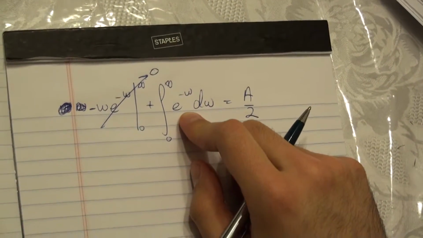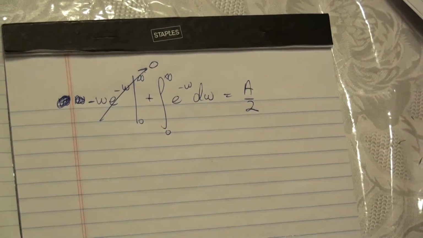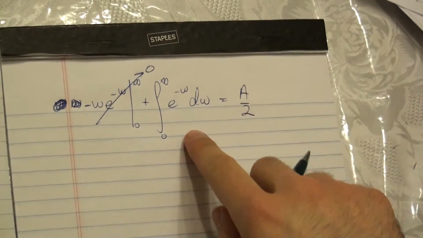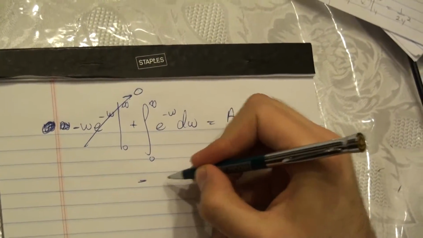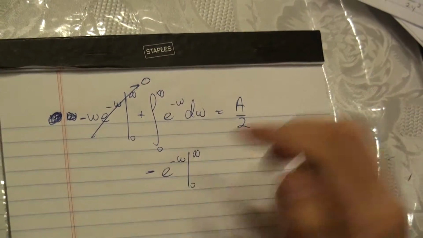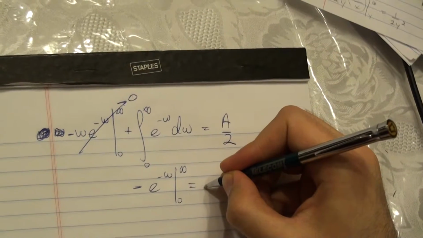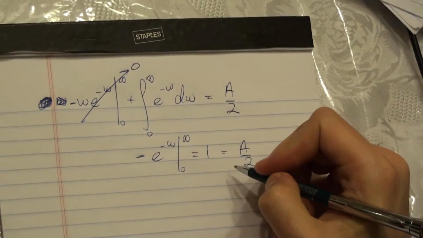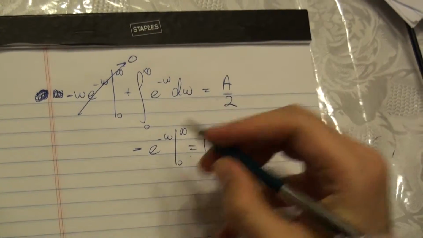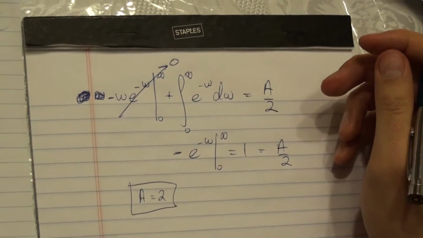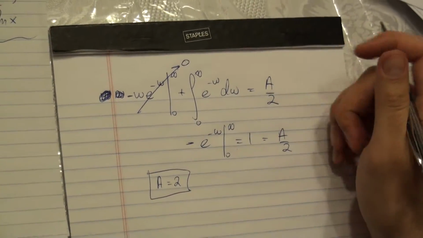Now, this guy is going to be minus e to the minus w evaluated from 0 to infinity, and that's just going to be equal to 1. And that's still equal to a over 2, by the way. So, a just becomes 2. So that is part 2.